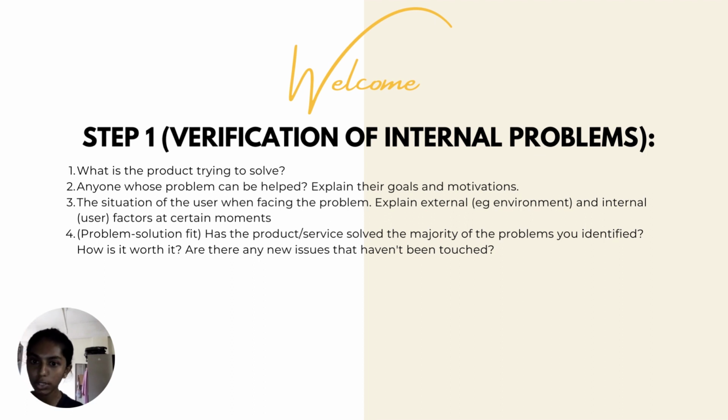The third question is we will explain the situation of the user when facing the problem. Here we will explain the environment and user factors at certain moments. For this we have chosen two situations. Situation 1 is when the tracking update takes some time to appear.